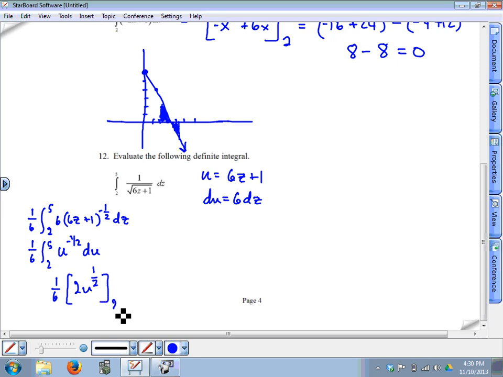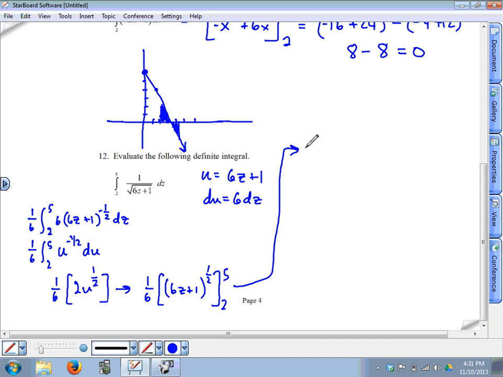And that's going to be evaluated from 2 to 5, but we need to undo the substitution here. So this is going to be 1/6, and then 6z plus 1 to the 1/2 power. That's going to be evaluated from 2 to 5.